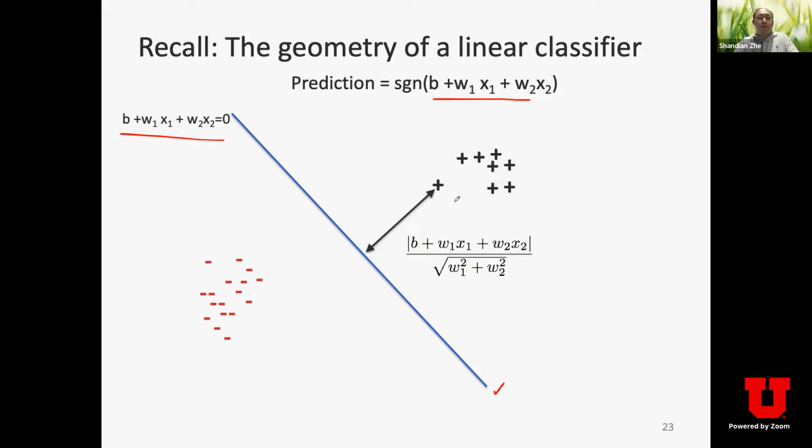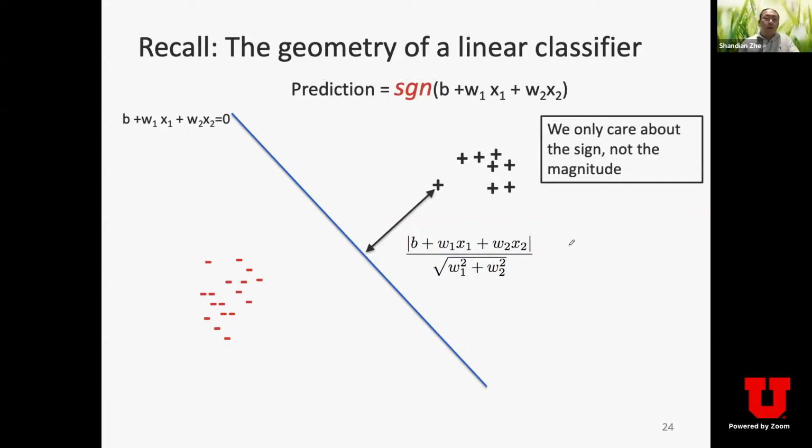Here's one important formula we're going to use: how to compute the distance between any point and this classification boundary. It's a formula we have seen before. One important concept is that a linear classifier only cares about the sign, not the magnitude.